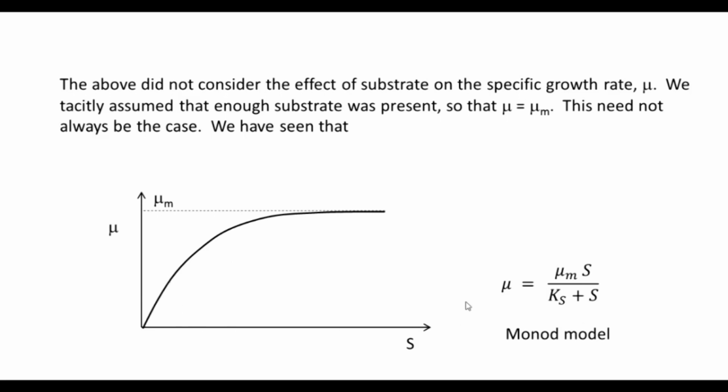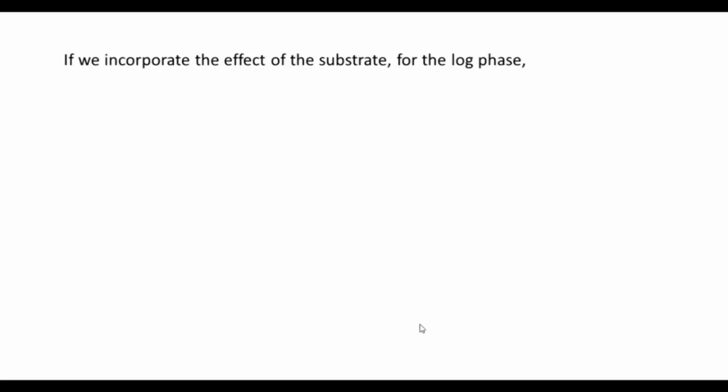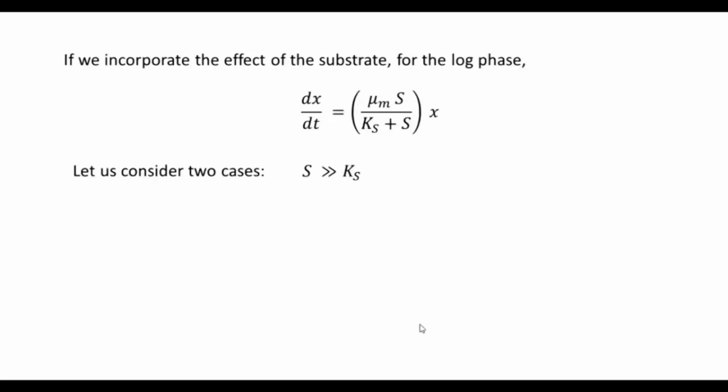What we are saying is that we are somewhere here where the substrate concentration is much higher than Ks. That is the condition that we are looking at first. If that is the case, then Ks plus S is approximately equal to S. I will tell you how this happens mathematically. Ks and S are added in the denominator.